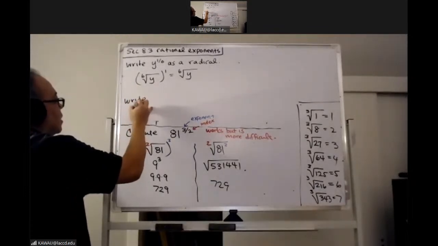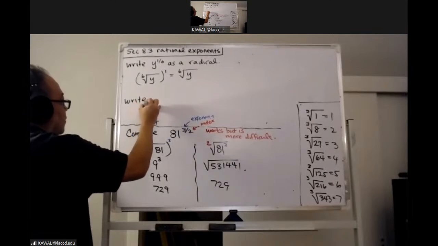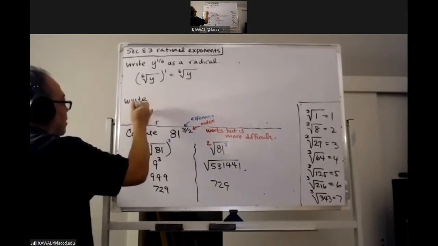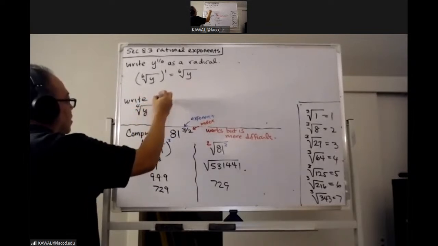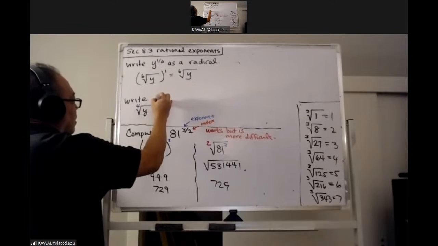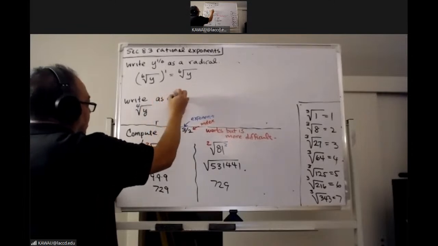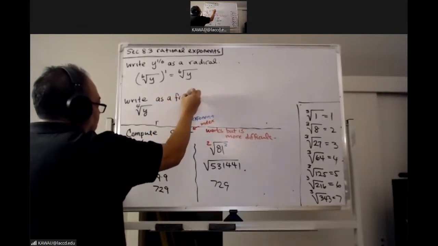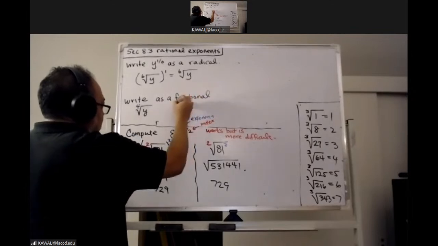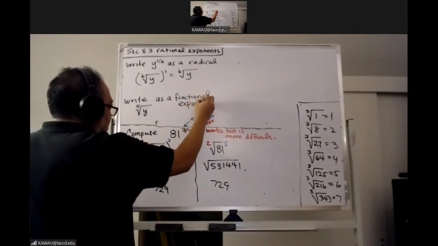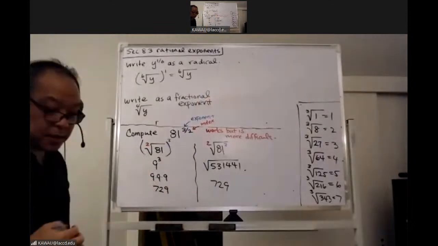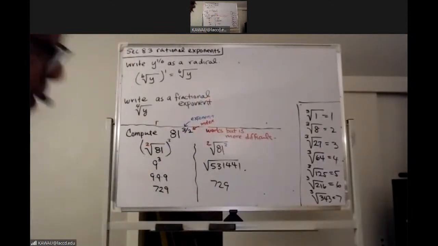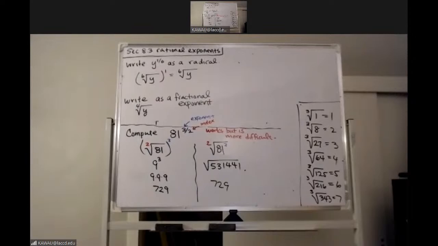Write the 4th root of y, I'm sorry, as a fractional exponent. Most books call it a rational exponent. I think your XYZ calls it a fractional exponent, which is probably easier to understand.